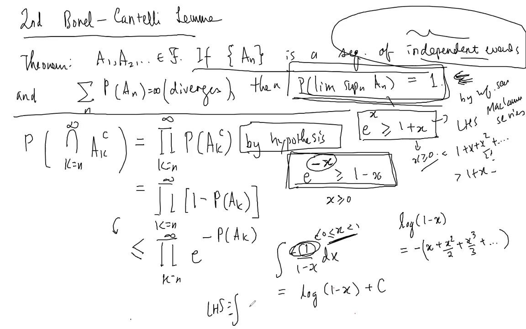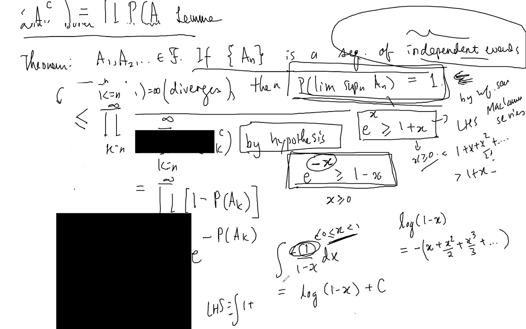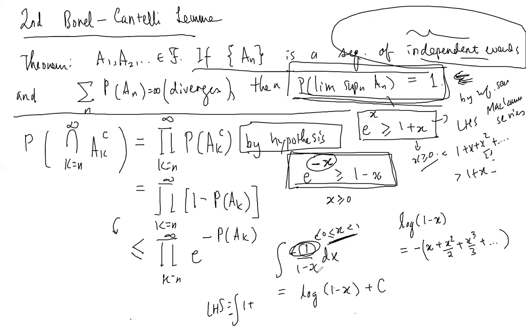The minus sign is taken out. Now 1 over 1 minus x is the convergent value of the geometric series 1 plus x plus x squared plus x cubed and so on, right?